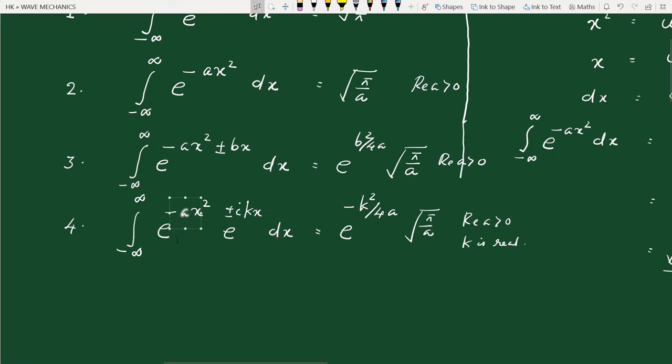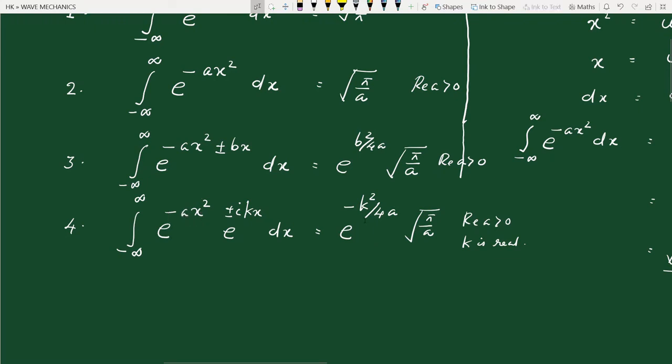To find the Fourier transform, you multiply with this exponential factor e raised to plus or minus ikx dx. If we multiply with e raised to ikx, it's called Fourier transform. If it is e raised to minus ikx, one is for Fourier transform, the other is for inverse Fourier transform. That's all.